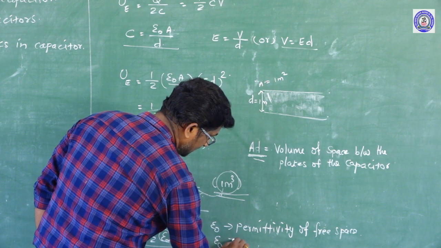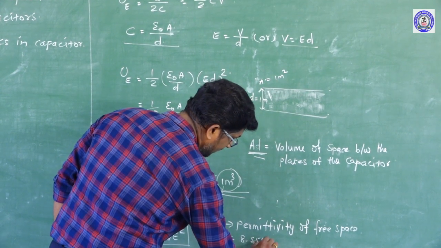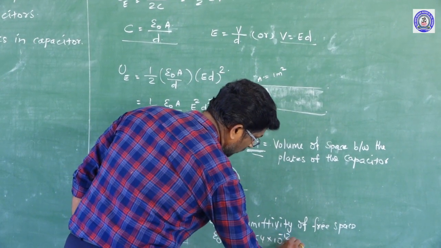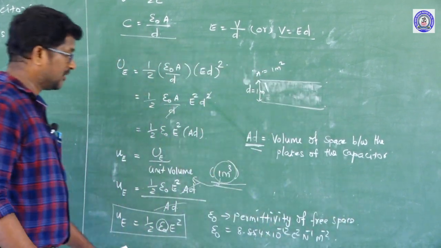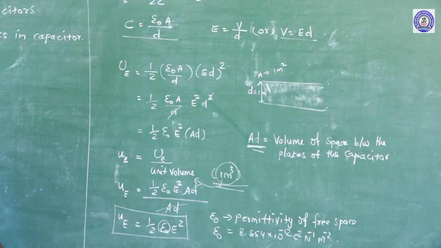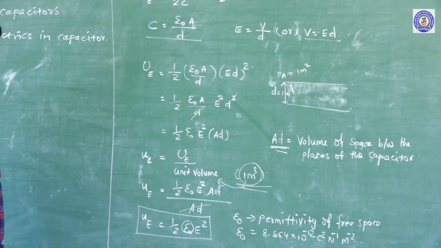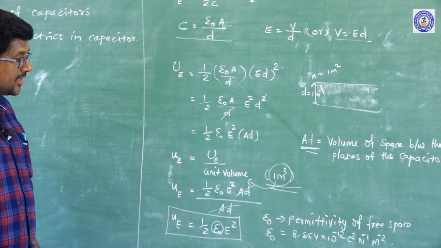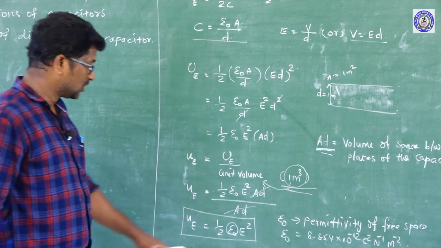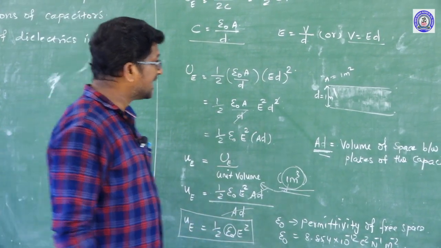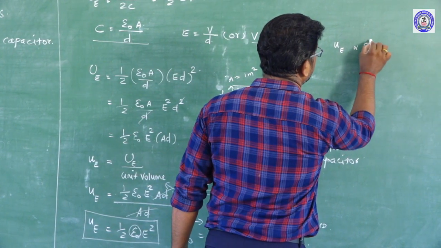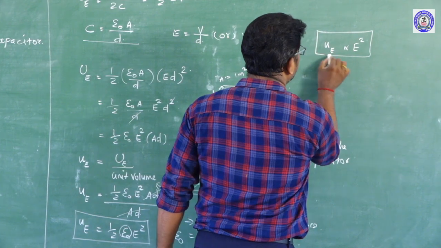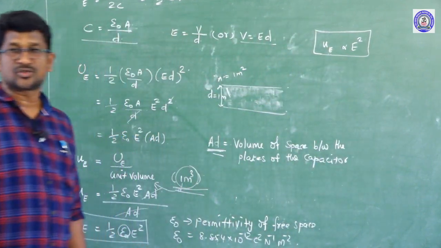The value of epsilon naught, that is permittivity of free space, is 8.854 × 10⁻¹² Coulomb square Newton inverse meter power minus 2. So this is constant. So energy density of the capacitor is directly proportional to the square of the electric field between the plates.